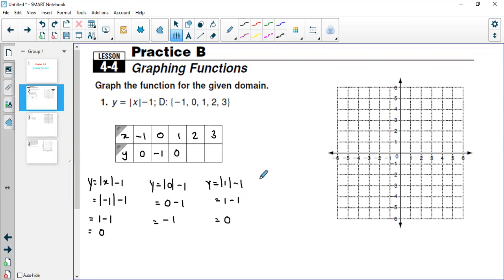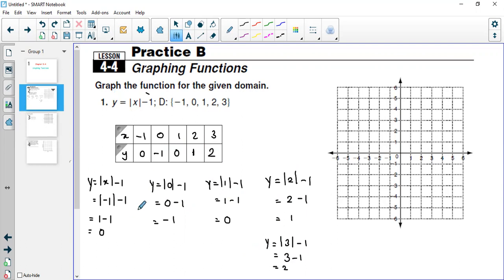Then the absolute value of 2 minus 1, that means 2 minus 1, which is going to give you a 1. So when the value of x is 2, the value of y is 1, according to this function. The last one is 3, so we replace it: absolute value of 3 minus 1, which means 3 minus 1, which is going to give you a 2.